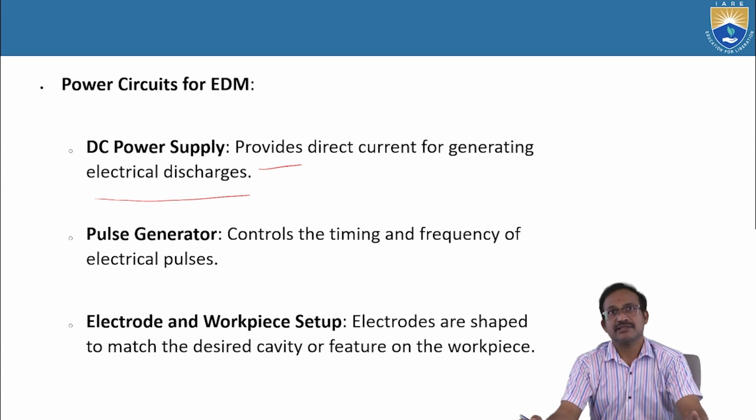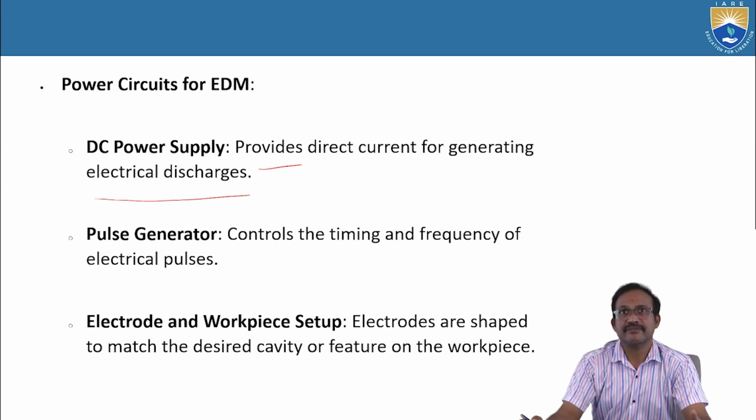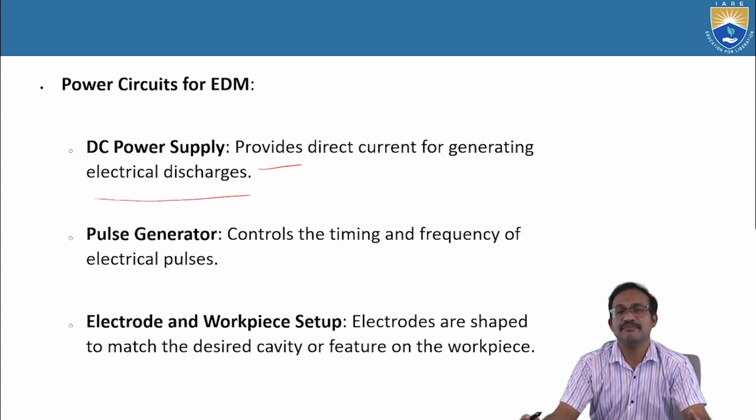Pulse generator controls the timing and frequency of electrical pulses. Pulse generator is nothing but a regulator, which controls the timing and frequency of electrical pulses.